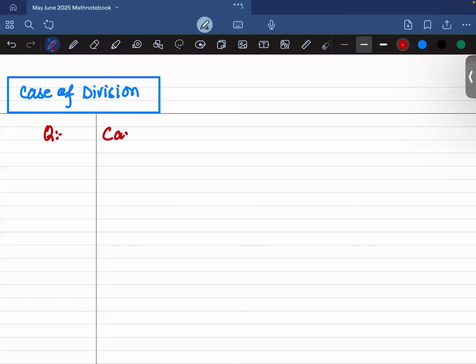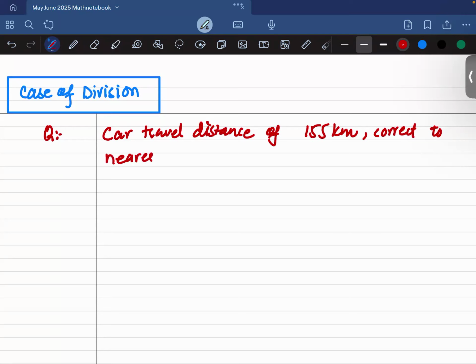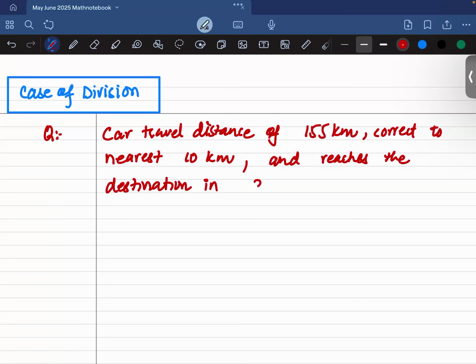A car travels a distance of 155 kilometers, correct to the nearest 10 kilometers, and reaches the destination in 2 hours, correct to the nearest 30 minutes.